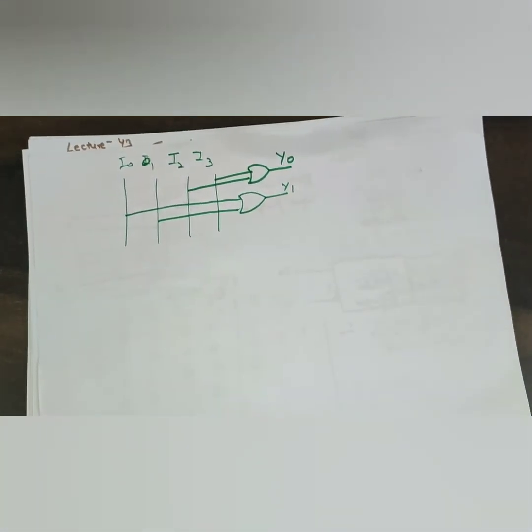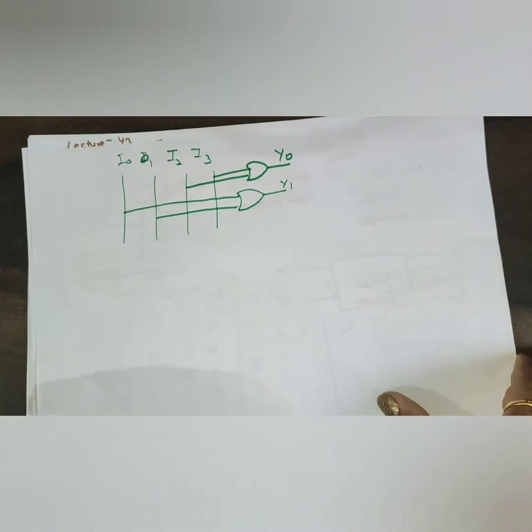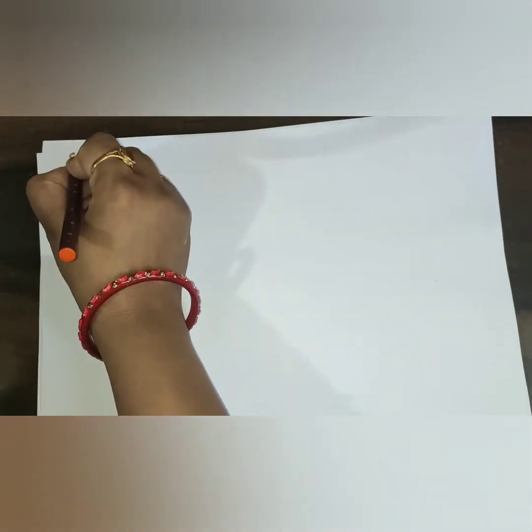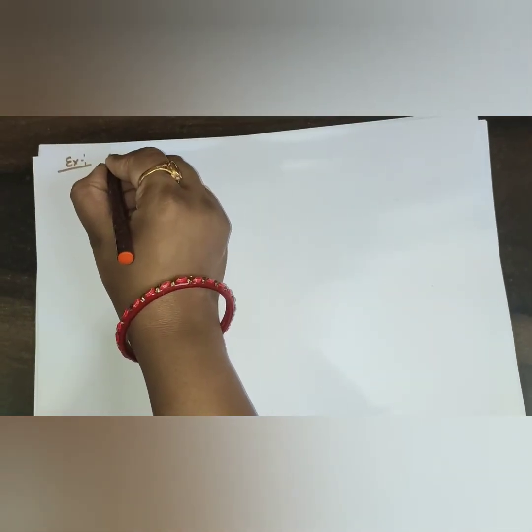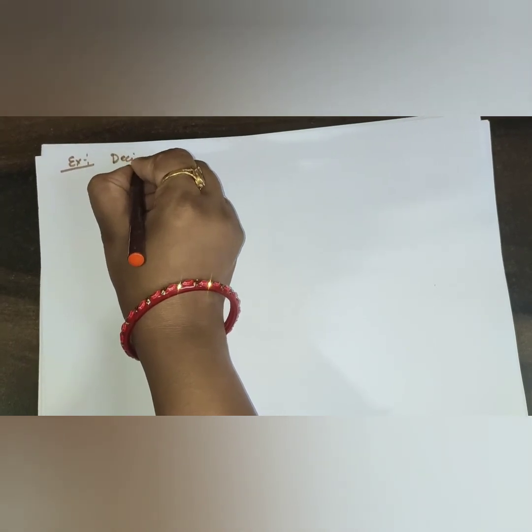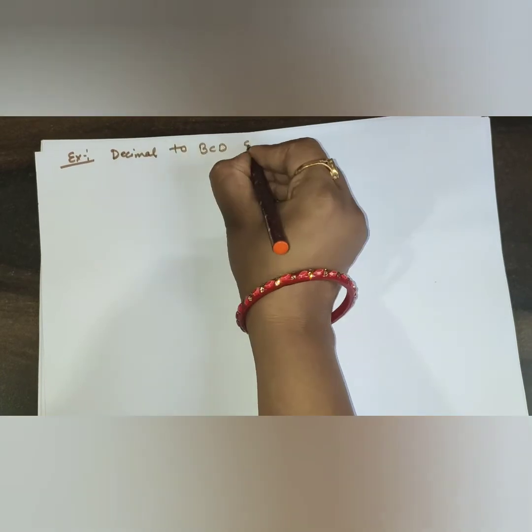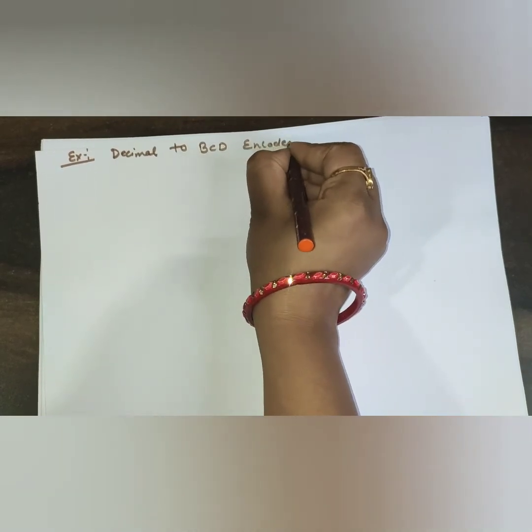So you can make your pair like this. So we will do one example for parity encoder that will be more clear to you. I will do an example like this. Example is, please make a decimal to BCD encoder.